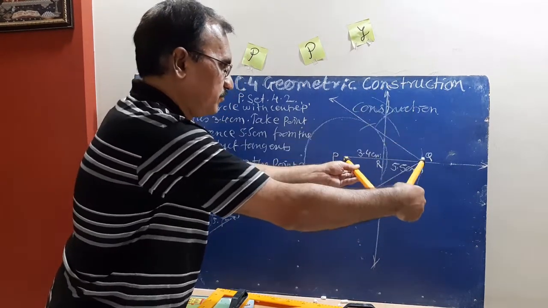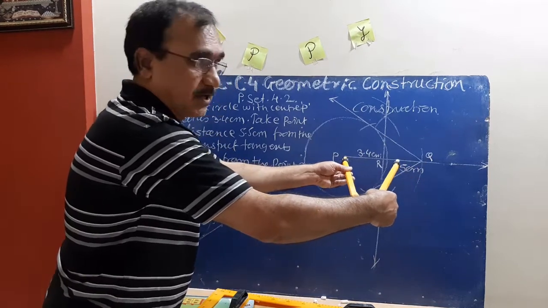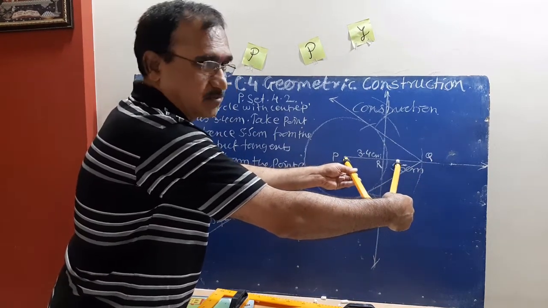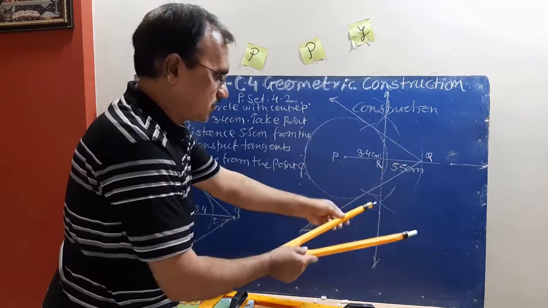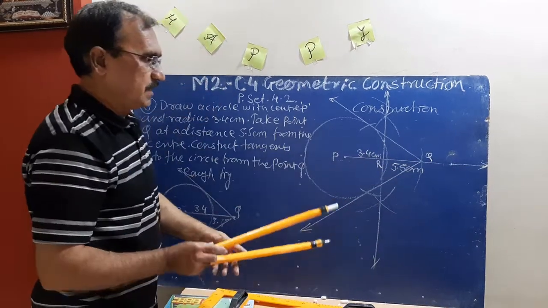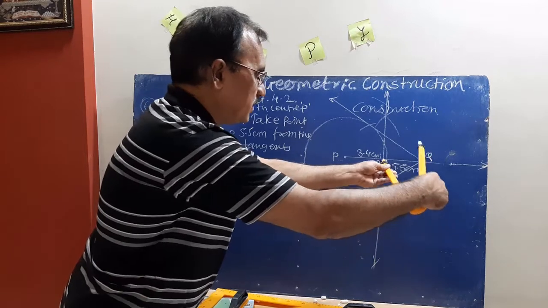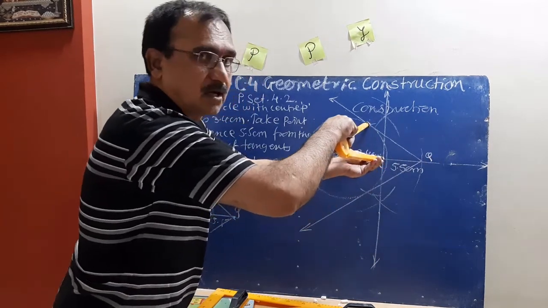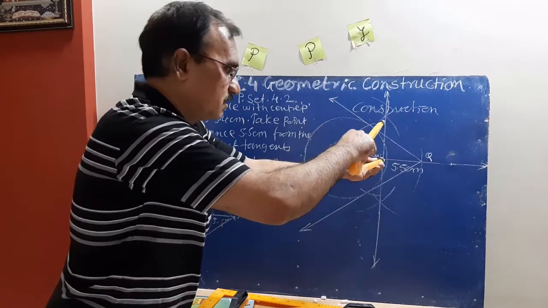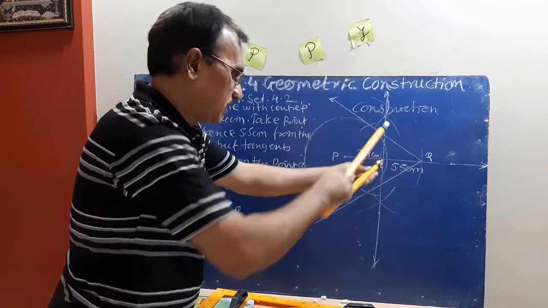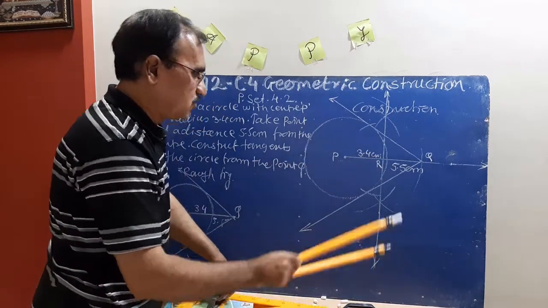Bisect this distance. How can we bisect? Take a radius more than half, then draw arcs on both sides, and put the pointer on the other end, take the same radius and draw arcs which intersect. Then there are 2 arcs.